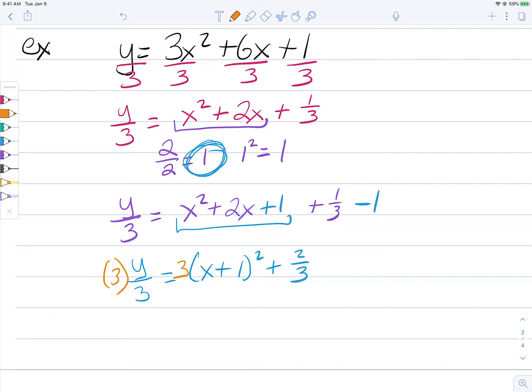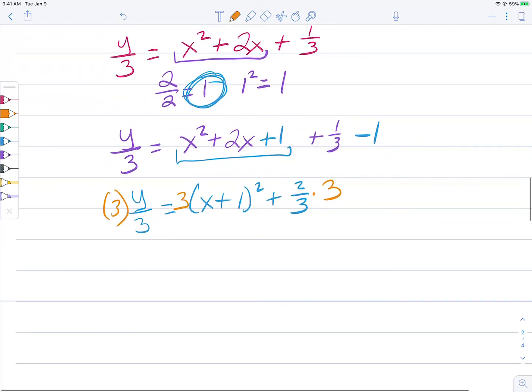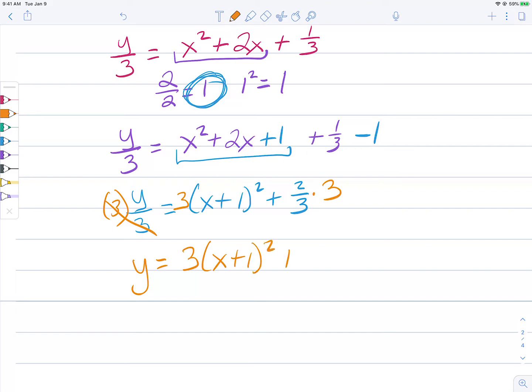So we're going to multiply every single thing by 3, and we're going to get y equals 3 times (x plus 1) squared, plus, if I make 2/3 times 3 over 1, the 3's cancel, plus 2. Now notice that my 3 that I multiplied by just went in front of the parentheses. I did not multiply the stuff inside of the parentheses. Just put it in front, knowing if we wanted to distribute it, we could.